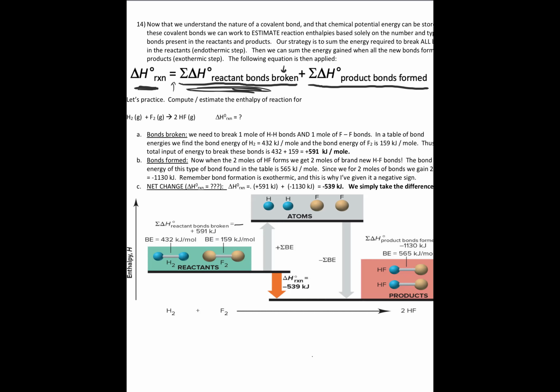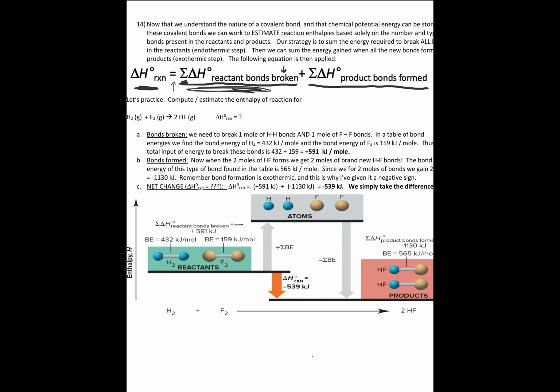Our model for using this equation is that we are going to take all of our reactants, however many copies we're given, and do an analysis of all of the bonds present and the quantities of each type of bond which is present. And we're going to add together the bond energies for every single type of bond that's present.